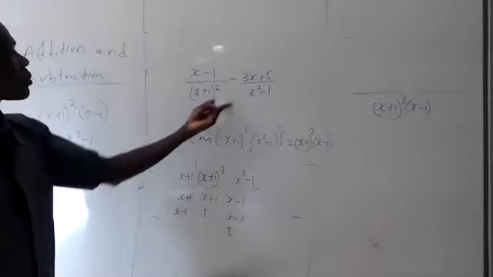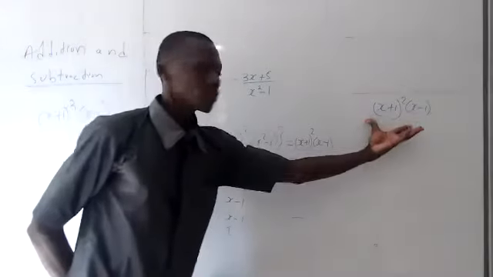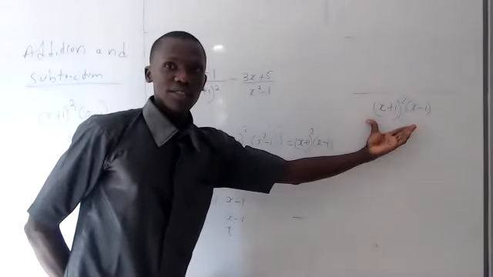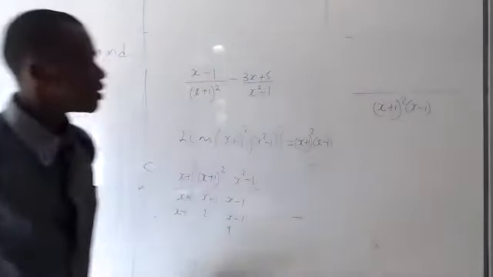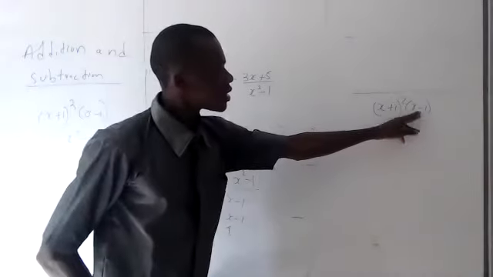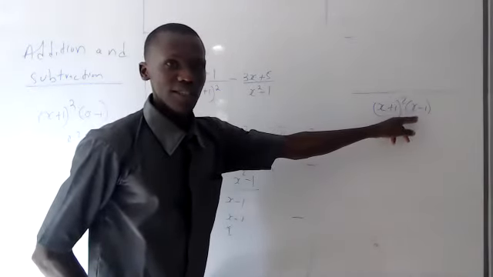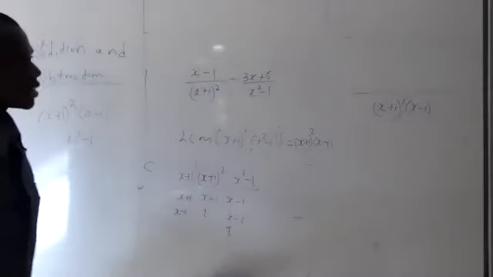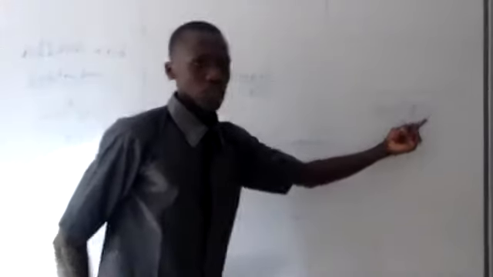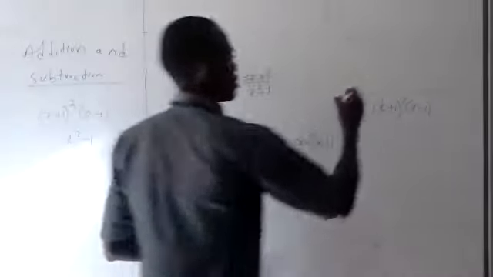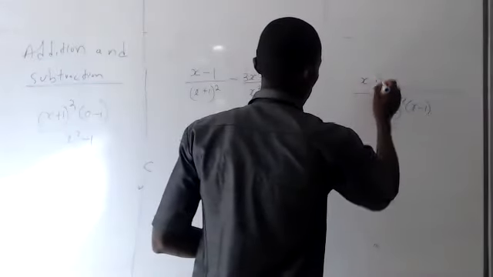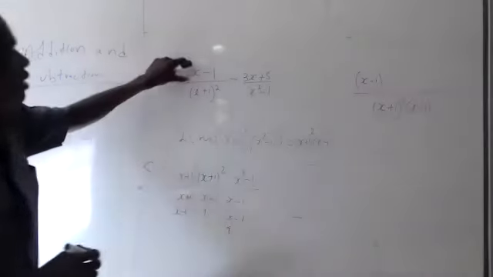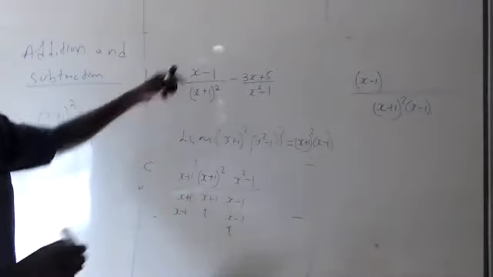How many times will x plus 1 squared divide this expression? Once. And there is this guy, x minus 1. So you will have x minus 1 as the quotient. So we take that x minus 1 and then multiply by the x minus 1.